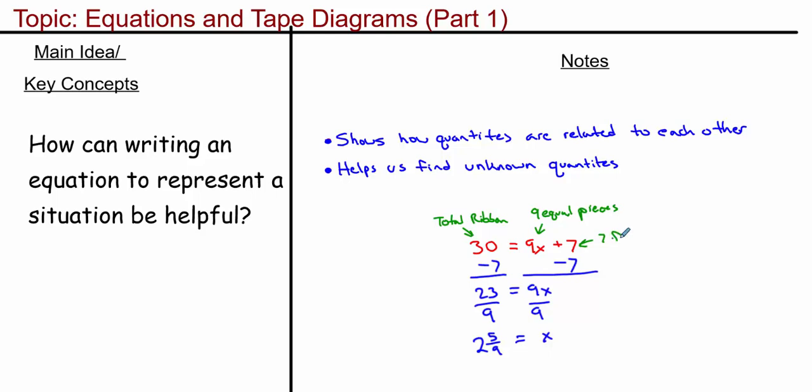And that was the 7 feet. So we can see each part of this equation represents something from the situation. And then when we solve that, when we figure out what x is, we can see that this was the amount of ribbon in these 9 equal pieces. That was the amount in 1 of the 9 equal pieces.